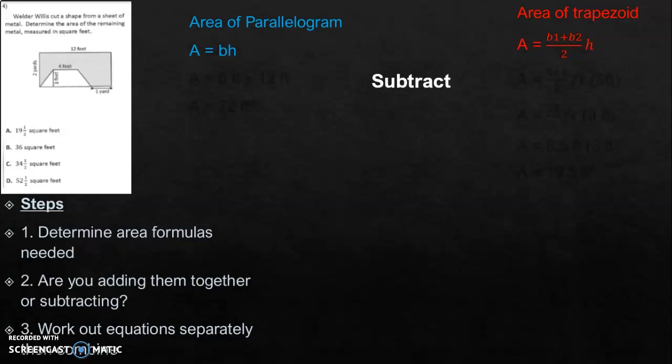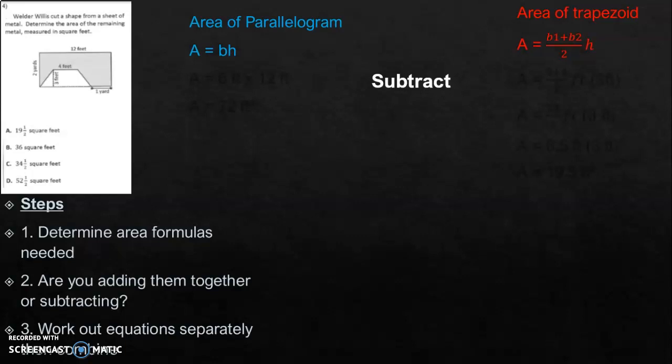So, area of the parallelogram. As we look at this rectangle, we notice that it has a base of 12 and a height of 2. Okay? So, a base of 12 and a height of 2. But, be very careful. Look at your units. The 12 is in feet and the 2 is in yards.